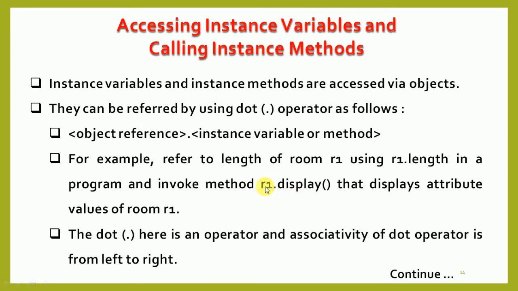So R1 is the object reference and display is the method that displays the attribute values of room R1. The dot operator here is an operator, and the associativity of the dot operator is from left to right.